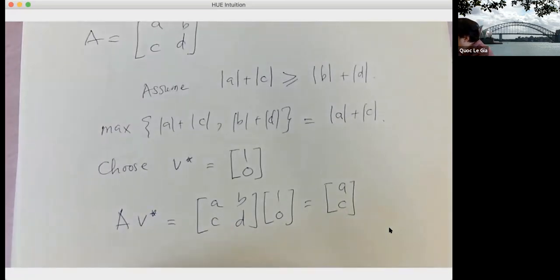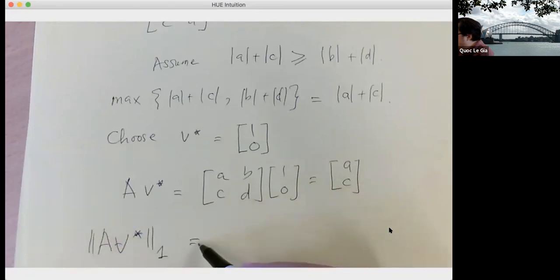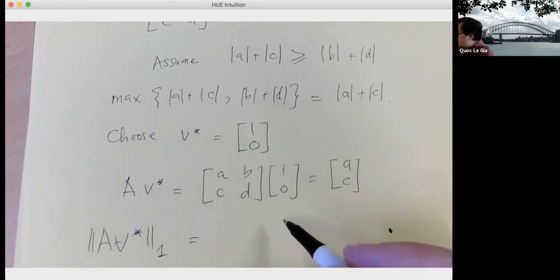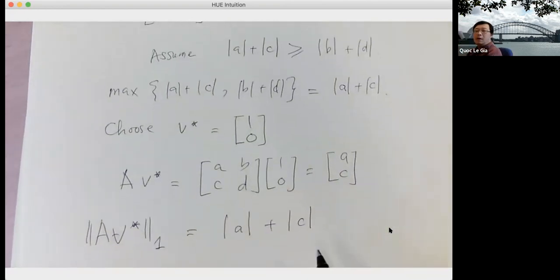Now what is A v star in the one norm? Remember the one norm of a vector is just the absolute value of the first entry plus the absolute value of the second entry.